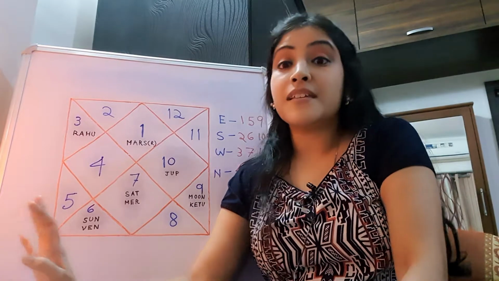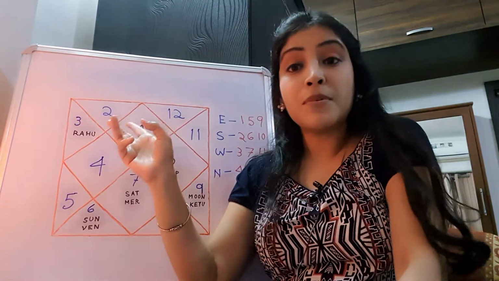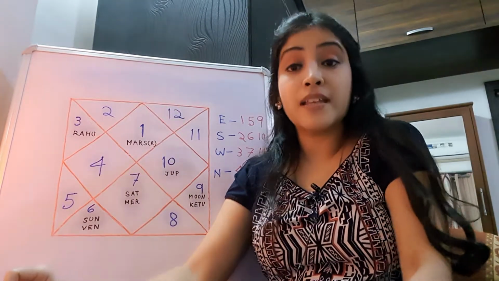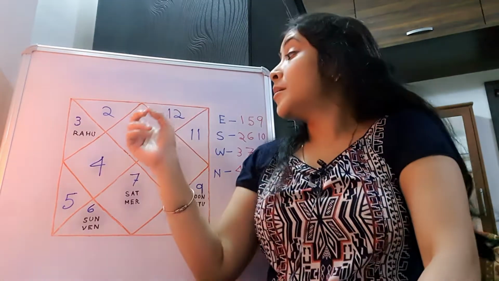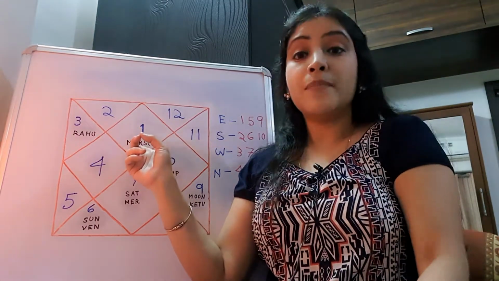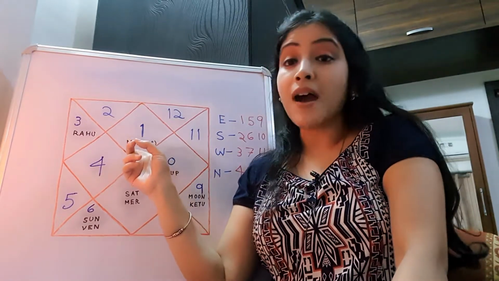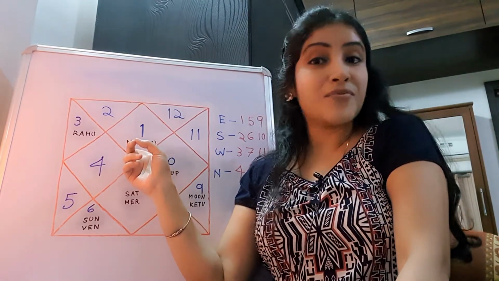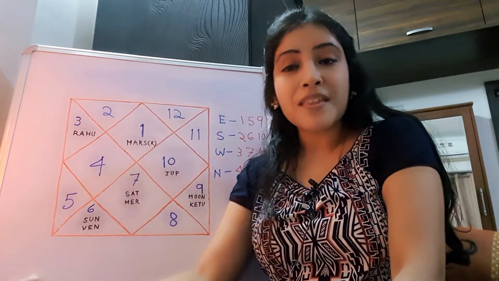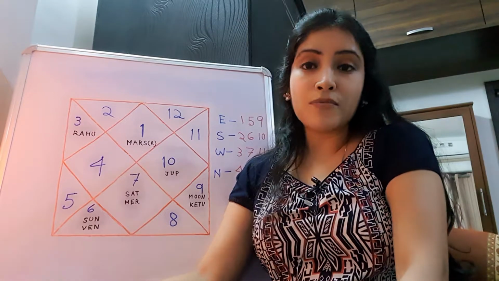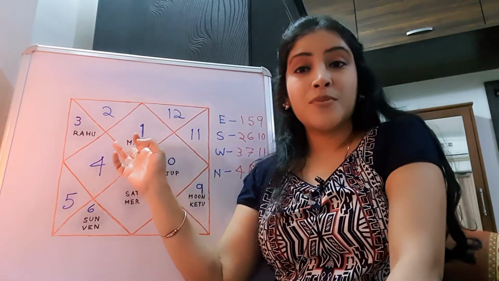Now here it is not good for Jupiter. Why? There may be some accidents, and the native may suffer from some wounds, because Mars is retrograde in the first house, and we believe that retrograde Mars is very powerful, almost 3 times more powerful than direct Mars.